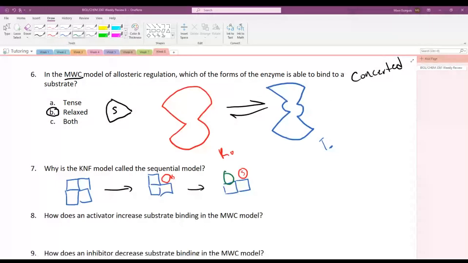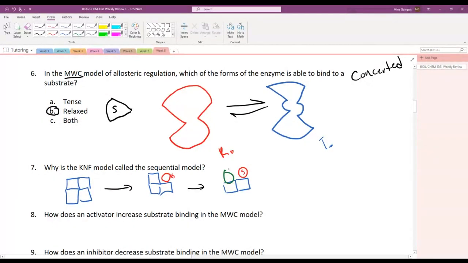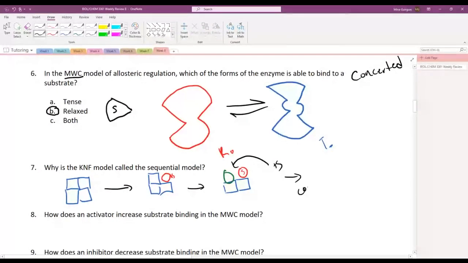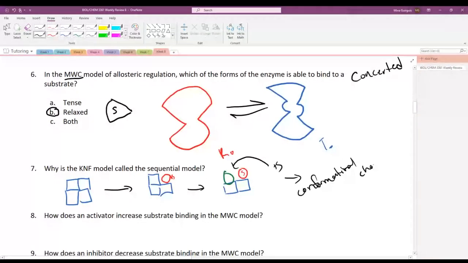So like we said, the binding of the first subunit to its substrate changes the conformation of the subunit and of the next subunit. And so that subunit will either want to bind more or less. And then when this one binds to a substrate, we're going to see another conformational change, and so on and so forth.